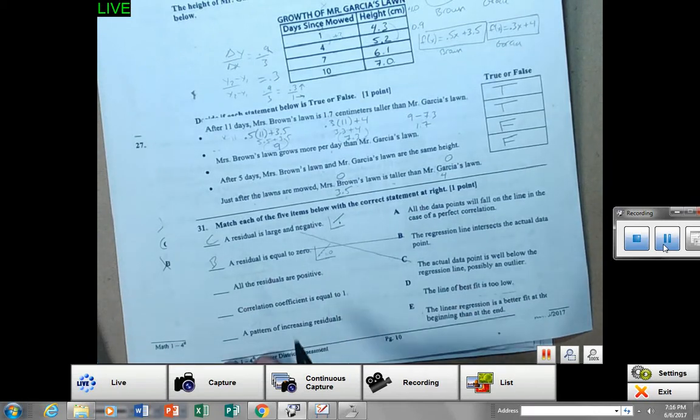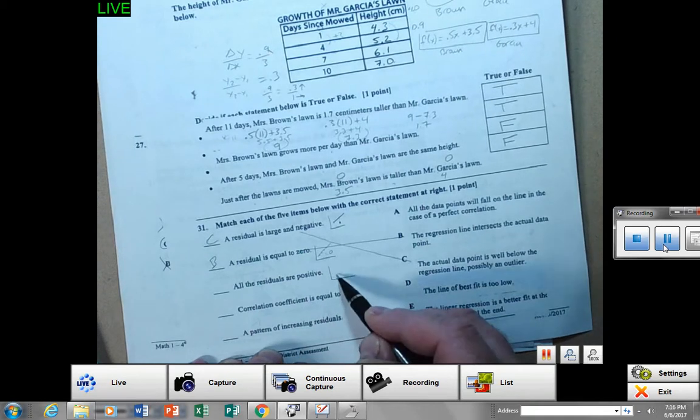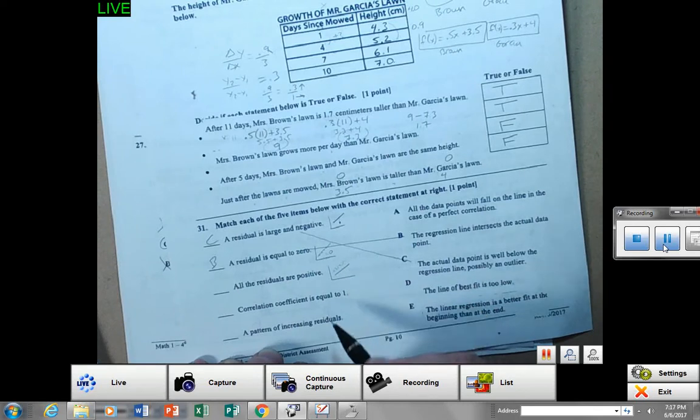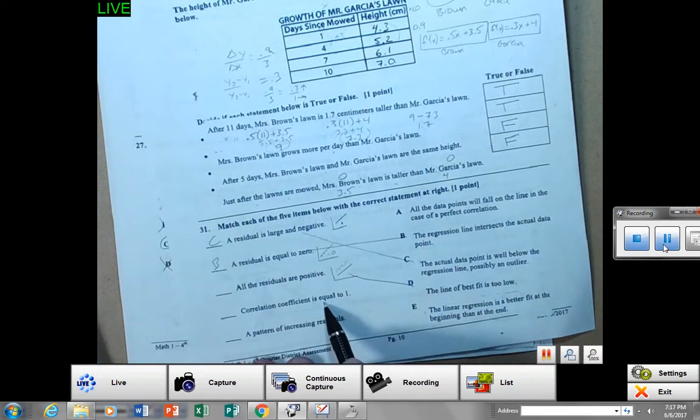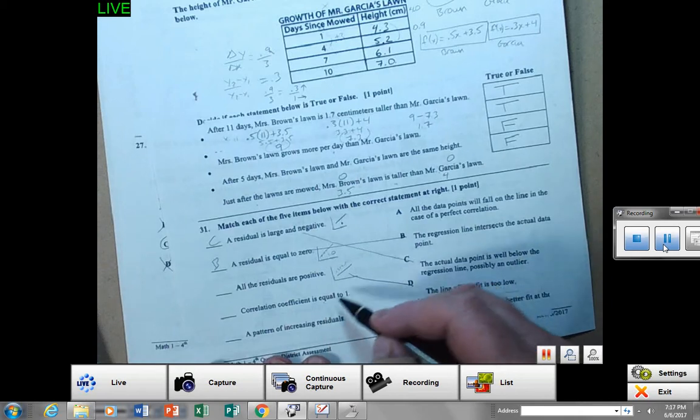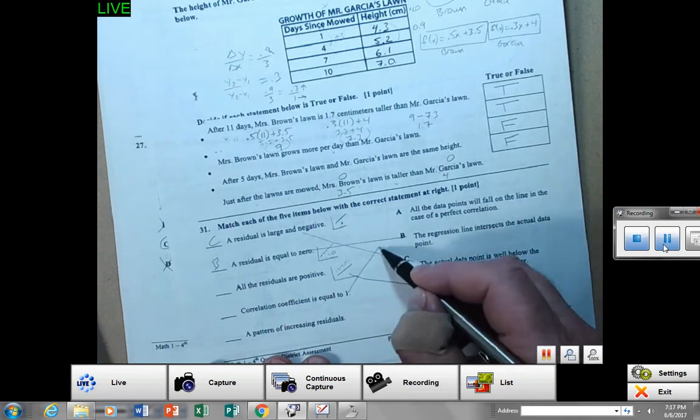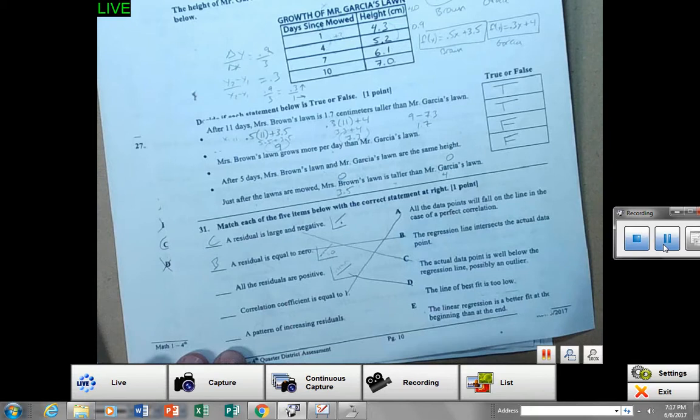Alright, all the residuals are positive. That means something like this. You have your line of best fit. All the residuals are positive up here. Every residual is positive. That means the line of best fit is too low. The correlation coefficient is equal to 0. That means all the data points fall on that line of perfect correlation.